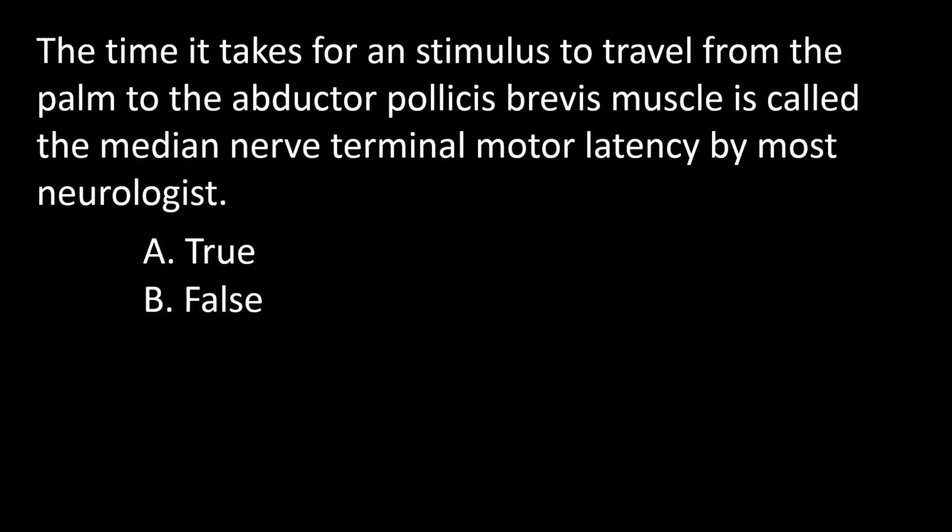Next question. The time it takes for a stimulus to travel from the palm to the abductor pollicis brevis muscle is called the median nerve terminal motor latency by most neurologists. A, true; B, false.